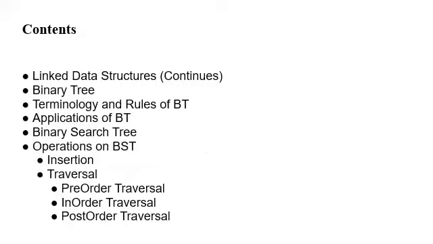This week's content includes a continuation of the linked data structures, because previously we were talking about linked lists. Those are also linked data structures, and we call them that because we create individual objects in memory and then link them through pointers.